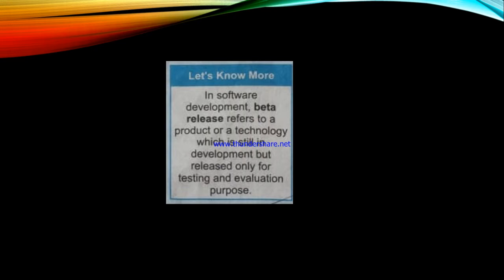Once all the software engineers are satisfied with the development, it is finally sent out. So this process in which they test the software is called beta release. It's an example of it.